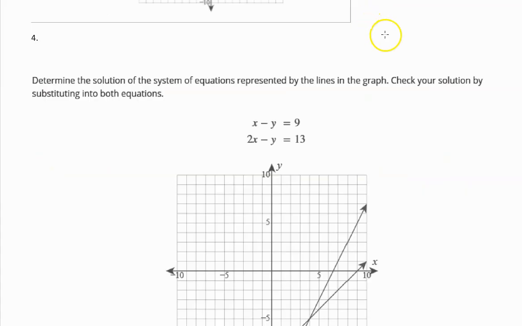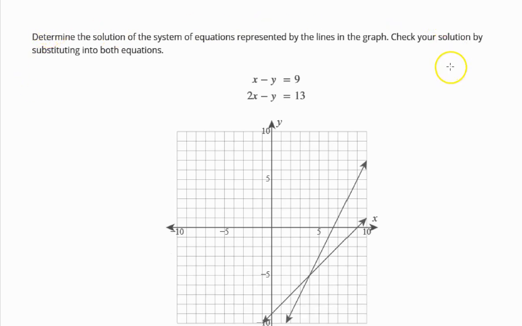Now, for number 4, they're giving us the graph, and here you are asked to pick out the ordered pair. So take a moment and see what you come up with.